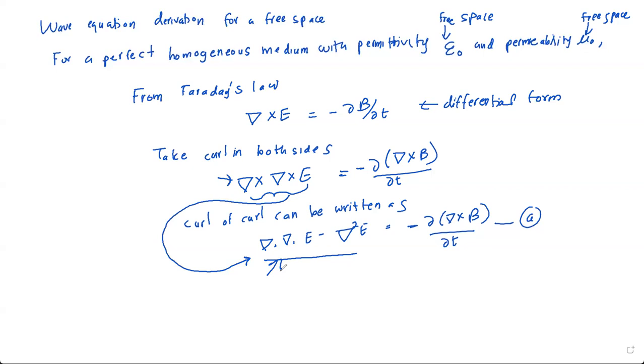After that, we can simplify this further using the assumption that the divergence of the electric field is 0. Why do we take this assumption into consideration? We are deriving this electromagnetic wave propagation for a scenario where we do not have any free electric charges.